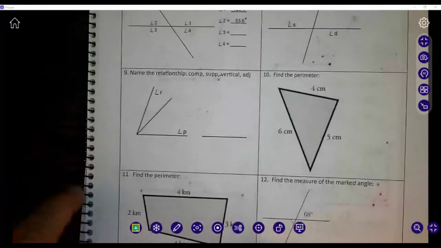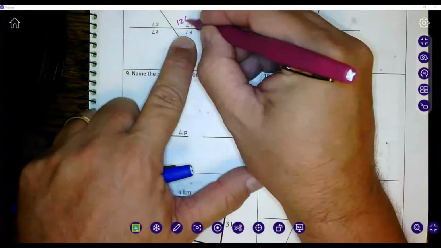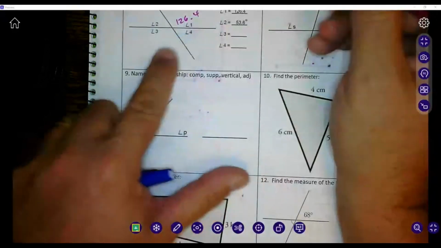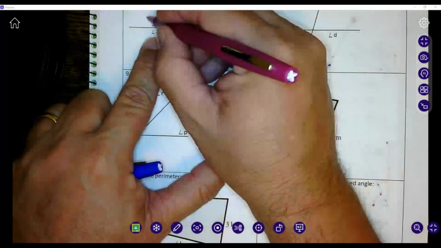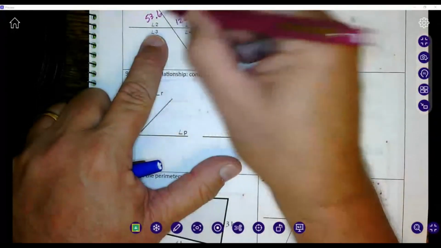All right. On the back page, we're told that angle 1 is 126.4, and that angle 2 is 53.6.